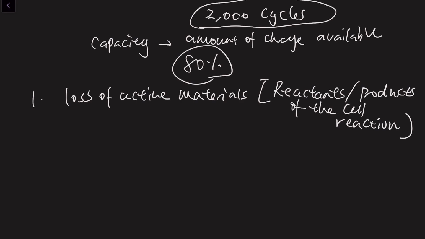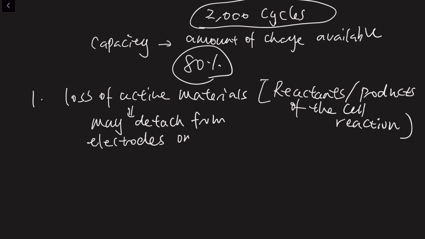Both reactants and products are important because what we are trying to do is to convert from reactants to products to release energy, and to convert products to reactants during this recharge cycle. So the active materials may detach from electrodes on each cycle.